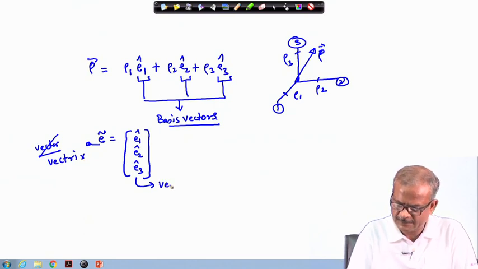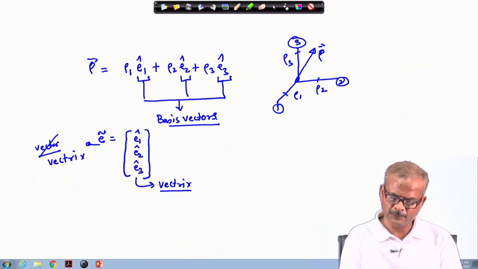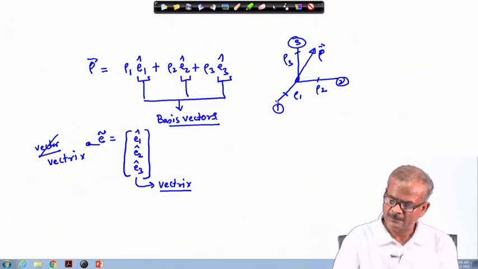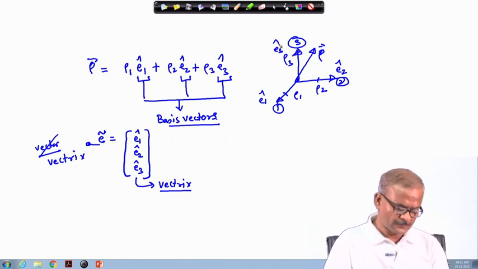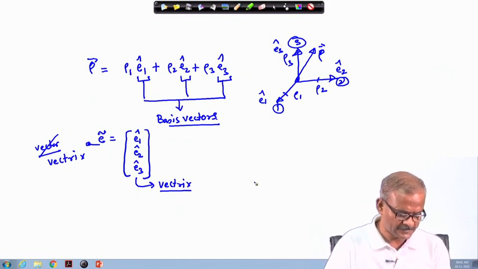This is basically your vectrix, because all 3 components are themselves vectors. Along this direction we have e 1 cap, along this direction e 2 cap, along this direction e 3 cap. So, this is one of the possible rotation representations.